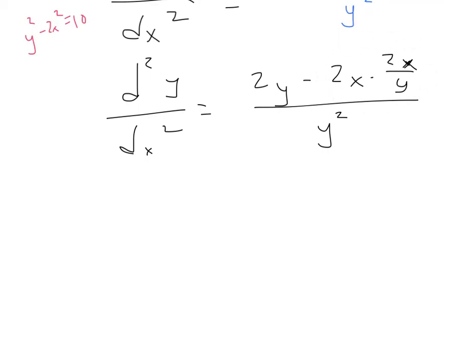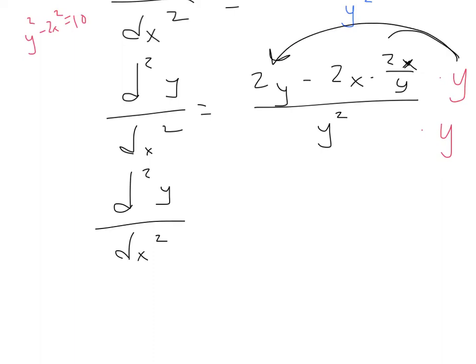And so the thing I've told you guys, whenever you have a compound fraction like this, take the offending denominator and multiply the entire numerator and the entire denominator by that thing. So when I do that, I get, well, this y gets distributed to both terms in the numerator. When it gets to the first one, we get 2y squared. This other one is minus, the y's will actually divide out, I'll be left with 4x squared all over y cubed.